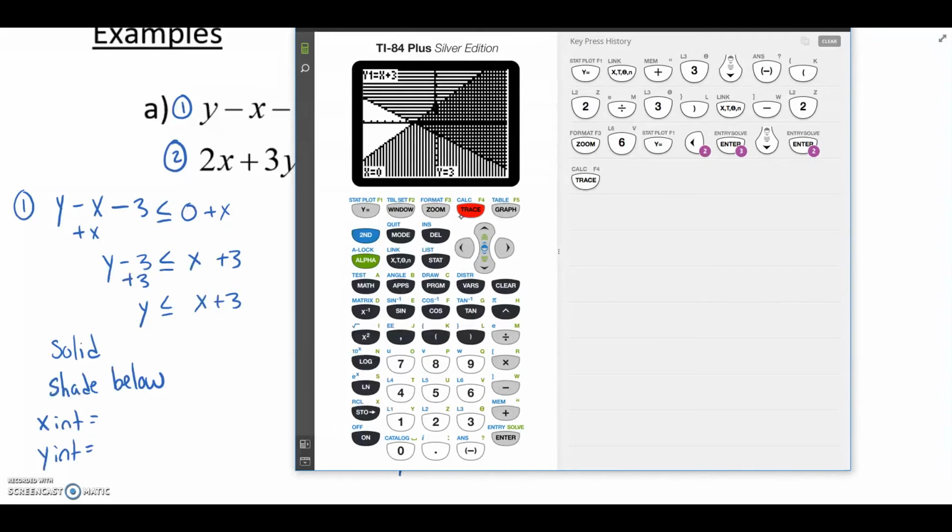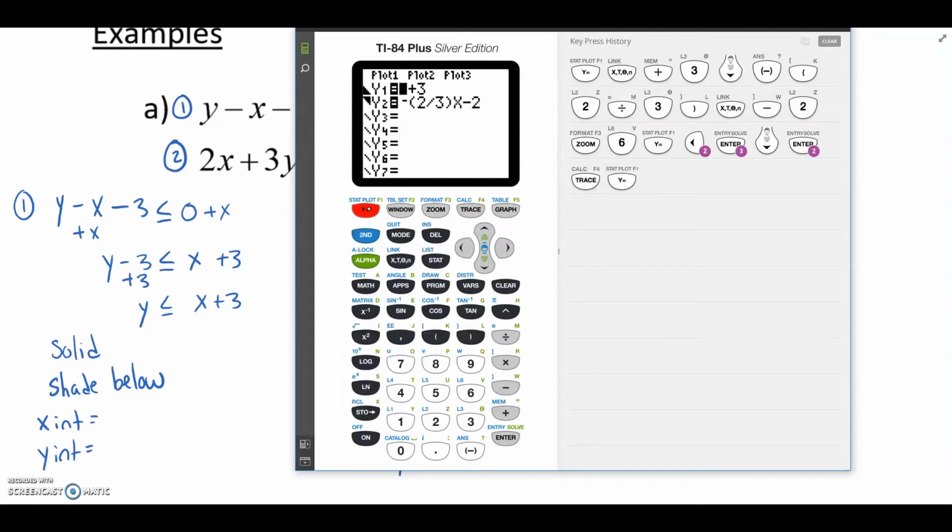Okay, and that there will be our solution region. Now, as you can see, it's kind of hard to see what's going on once everything's on the graphing calculator, but it's still nice to know that you can check your answers there. You're still doing the work, but you can see where that region is. It's in between those two linear inequalities.